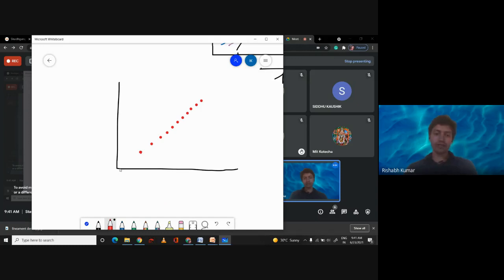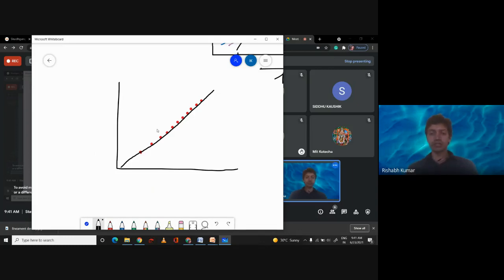So if you draw a straight line, you can see that this model or this line that we are drawing is fitting all of the points very well. All the points are falling on this line, right? So this line is representing all of the points. Getting my point?